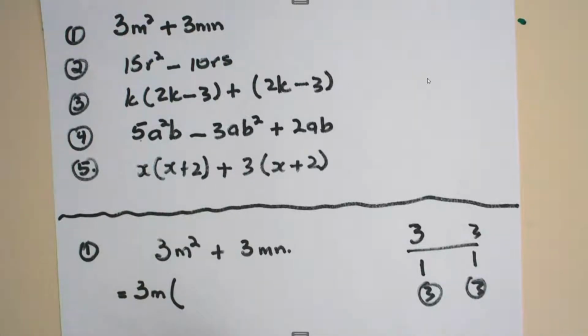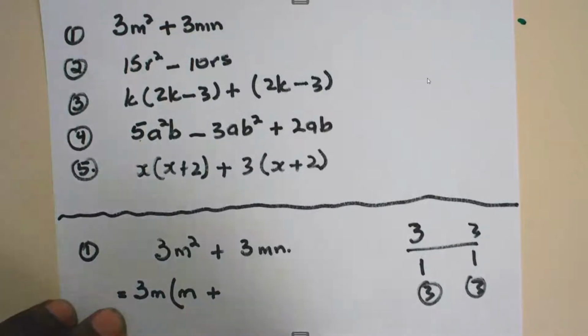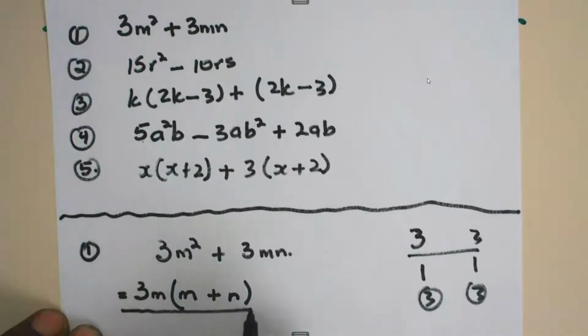We want to ask ourselves, by how much am I supposed to multiply m to get 3m squared? It is m. And then the plus sign is already there. And by how much am I supposed to multiply 3m to get 3mn? It will be n. Therefore, this is our answer to what we have factorized.